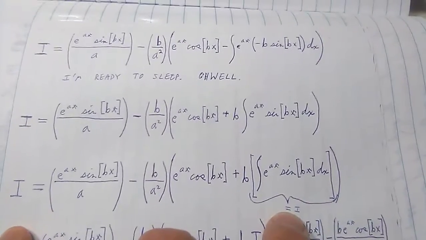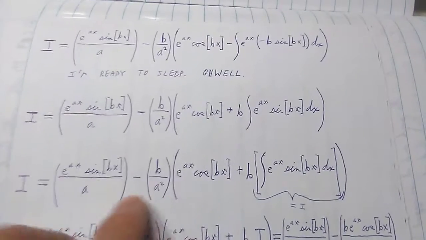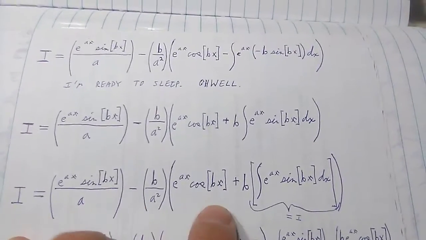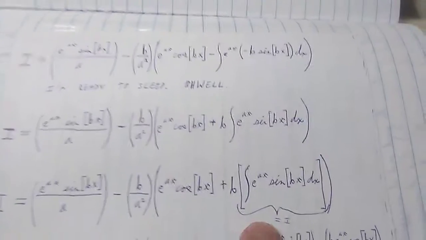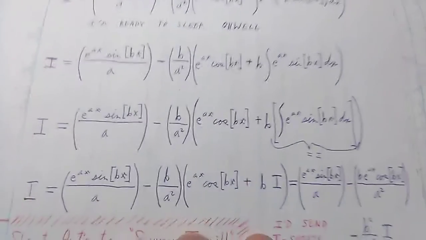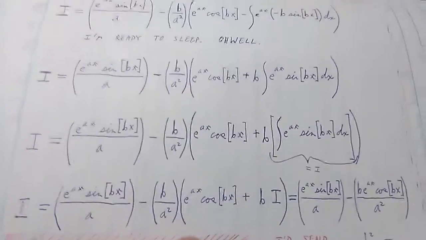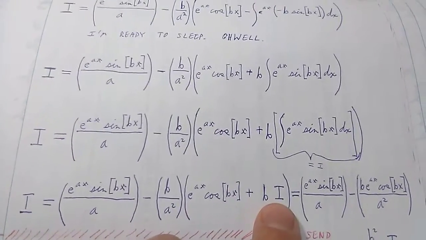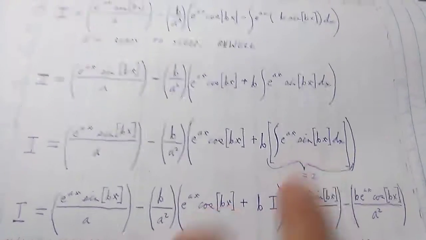So we move around a couple of terms. This all stays pretty much the same, except we're just recognizing that this is equal to I, the integral that we're solving.